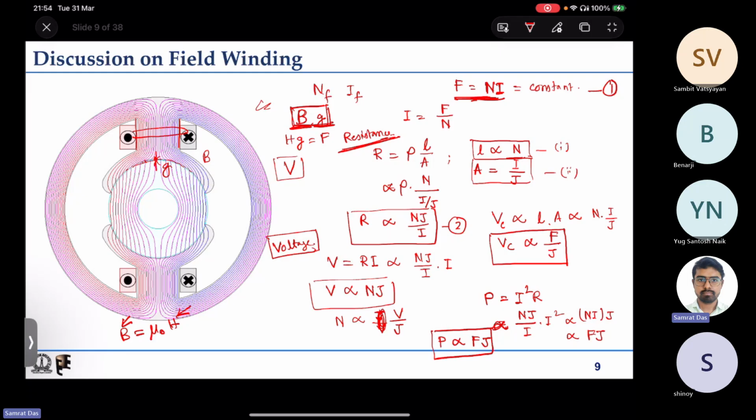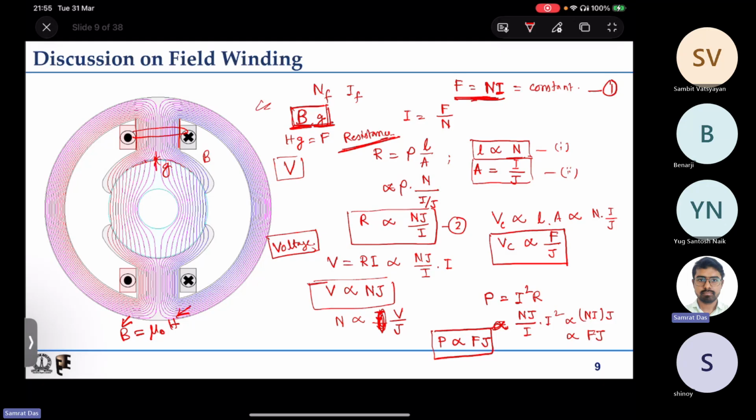So we cannot exceed that. So voltage is always a constraint. For cases like DC machine, especially field, we can simply represent the voltage as IR drop. Whatever voltage we apply will be dropped as IR in the winding against the resistance of the winding. So voltage equal to I into R, and R is proportional to N into J by I, from the second equation, multiplied by I.